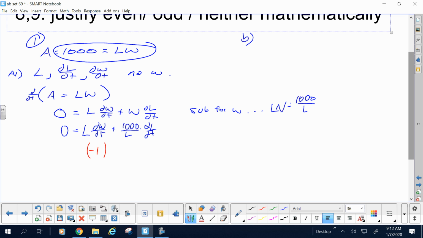The length is increasing at a rate of 10 meters per second, so it's positive. And when I put those in, that leaves me with just L as an unknown. And now it's just algebra to solve for L. I would maybe clear the fractions by multiplying by L first. You follow?